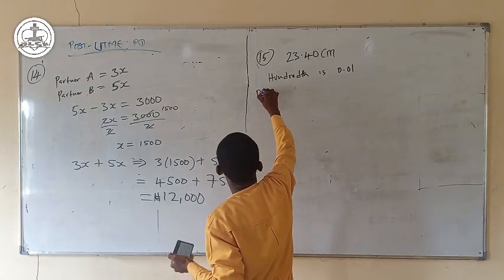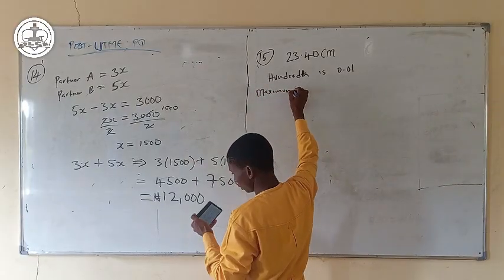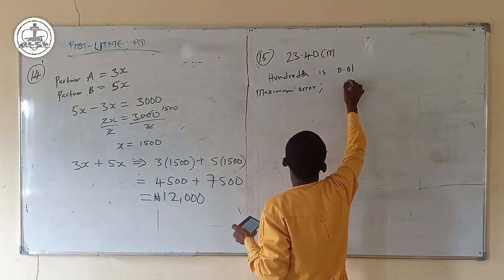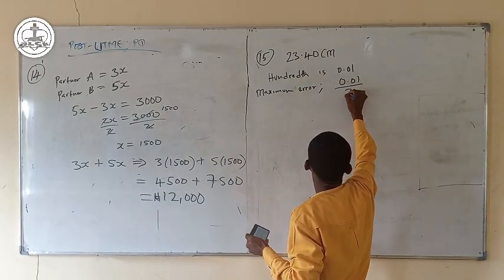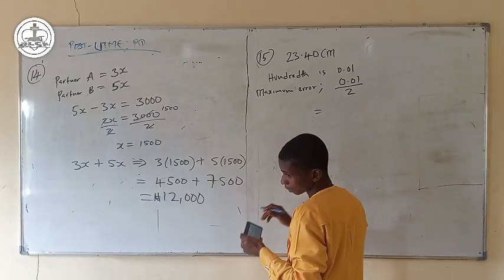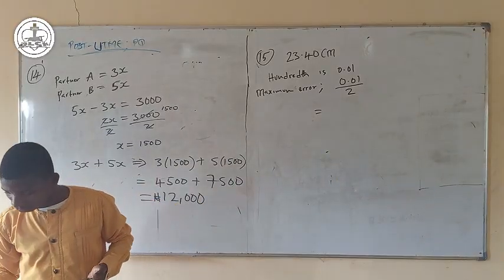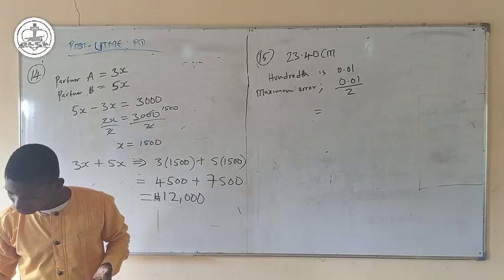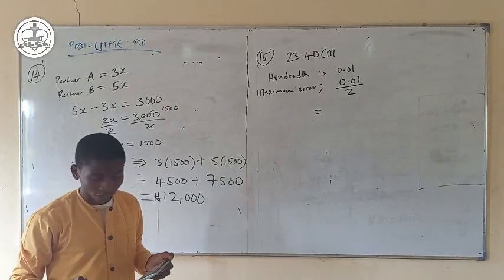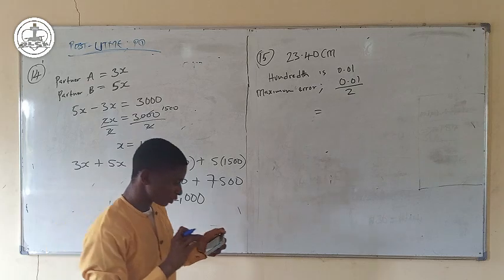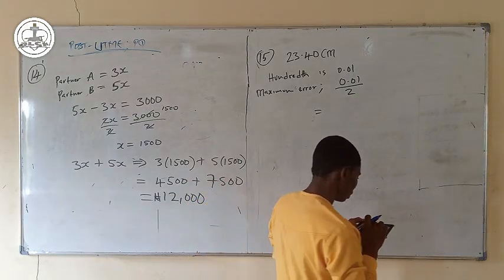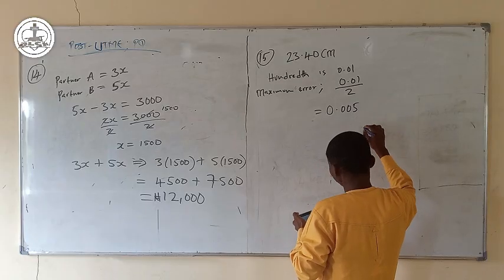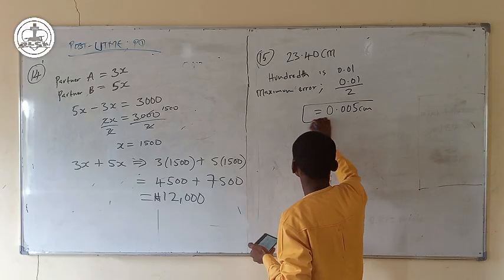So our maximum error is 0.01 divided by 2, which is 0.005 centimeters as our error.